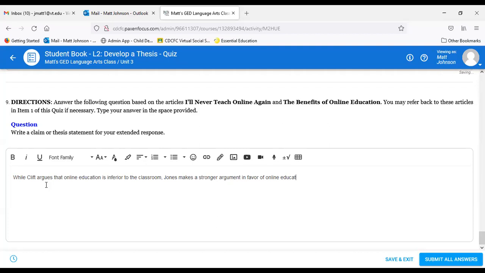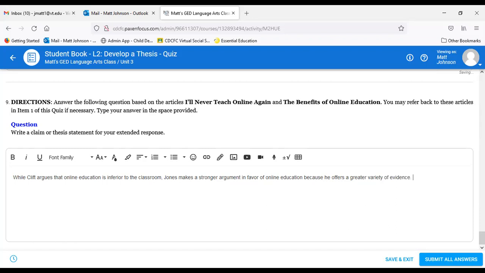Okay, wait a minute. You know what? This should be 1 sentence. I can't believe I'm doing that. Let me see here. So let's put a comma there. Jones makes a stronger argument in favor of online education because he offers a greater variety of evidence. Okay, so that's the first one.